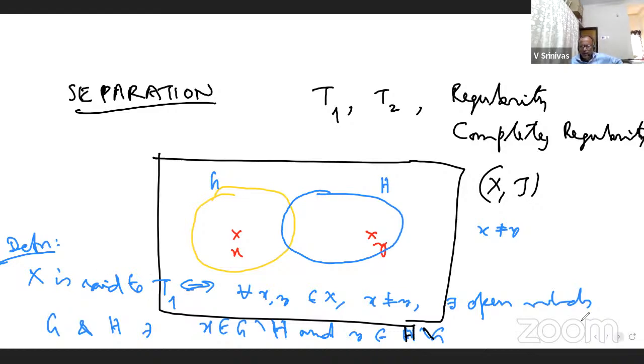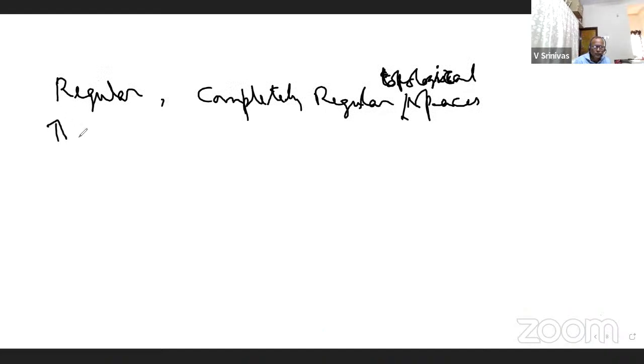And this T1ness can be shown to be equal to the statement that your singletons are closed. You have this theorem.